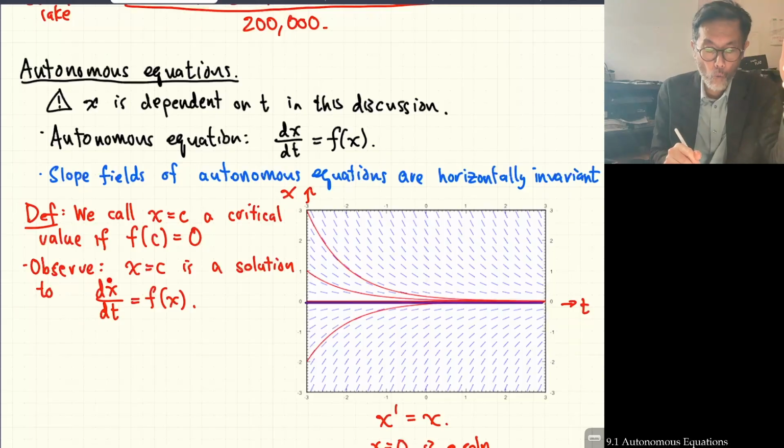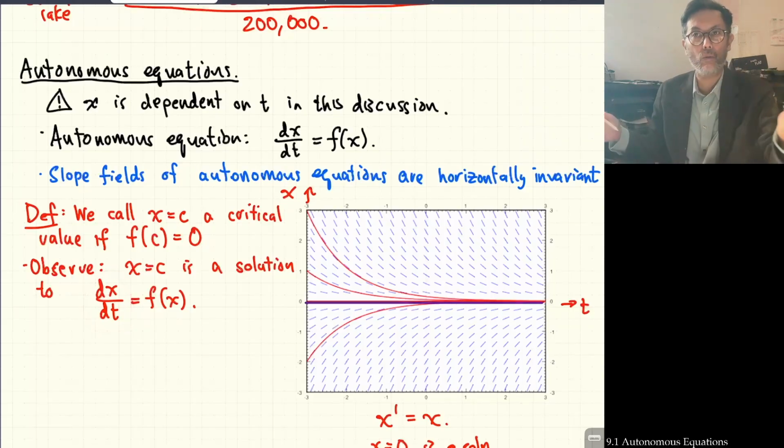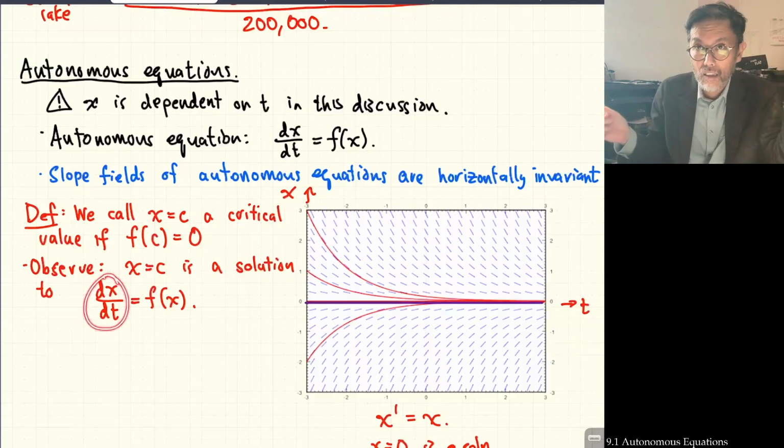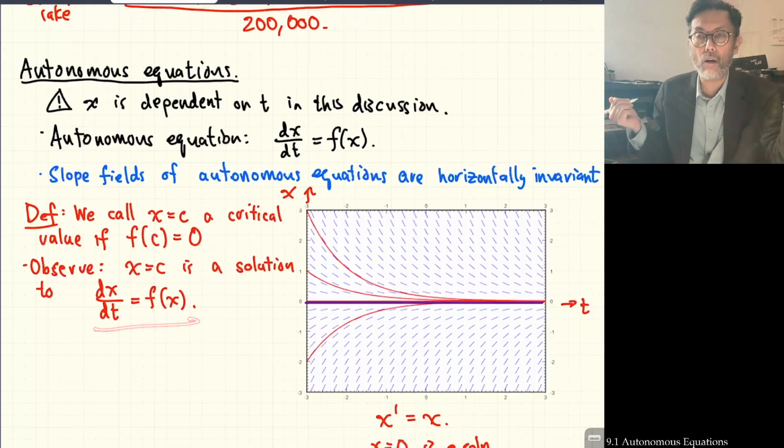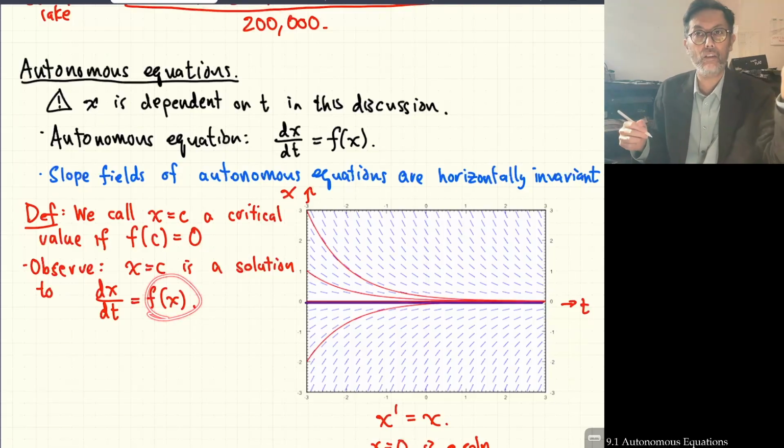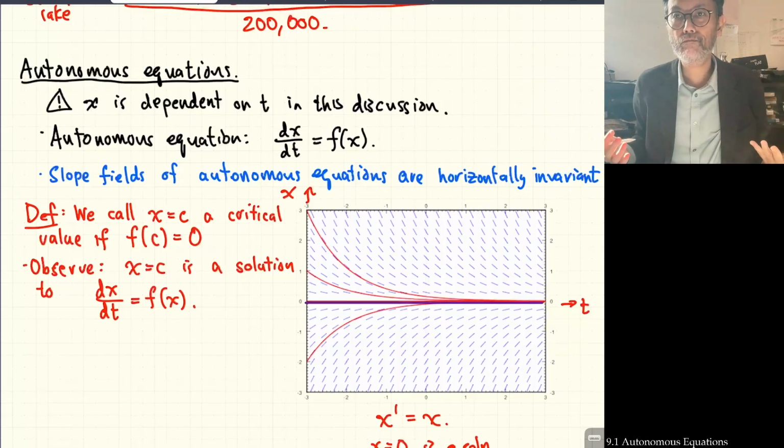On the other hand, what is dx/dt if x is equal to c? If x is a constant, then dx/dt is 0 no matter what. So indeed, for this choice of x, this equation checks out. dx/dt is 0 because it's a constant function, and f of x is equal to 0 because it's a critical value. Okay?